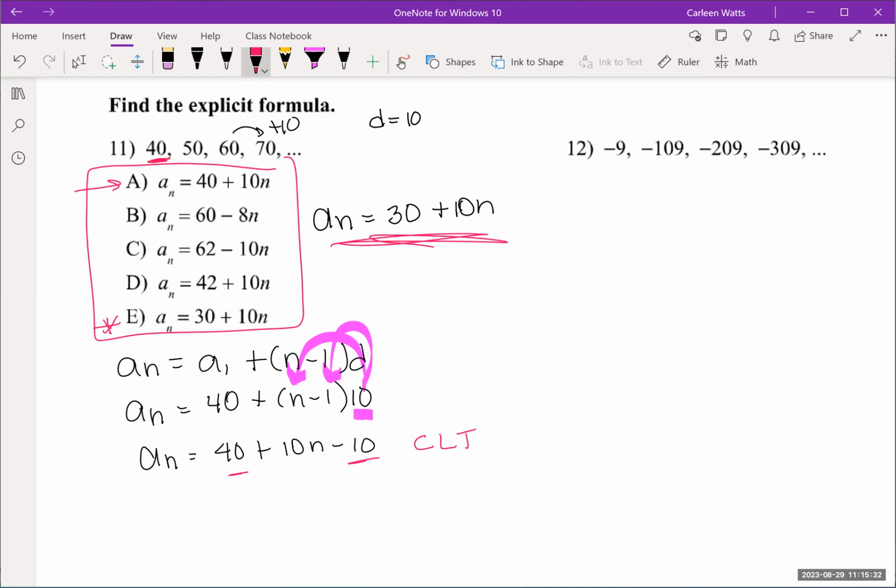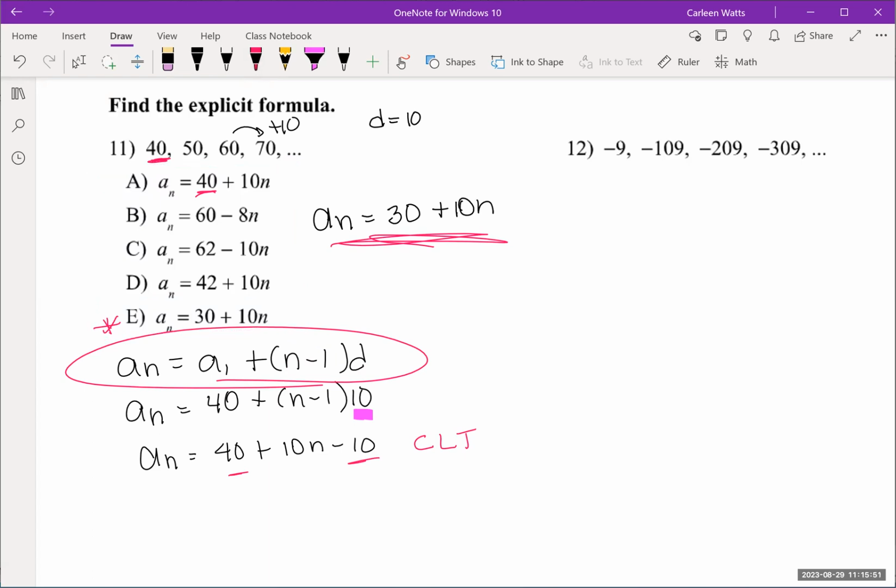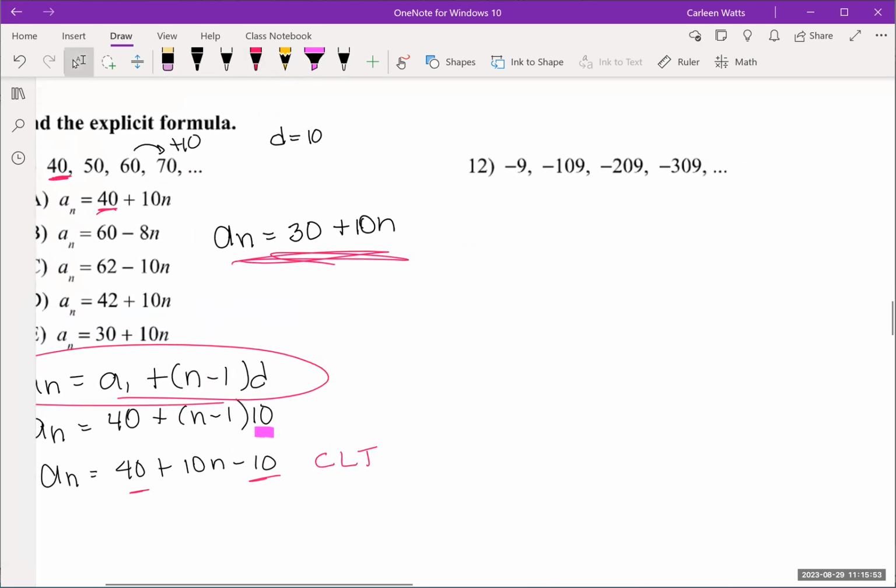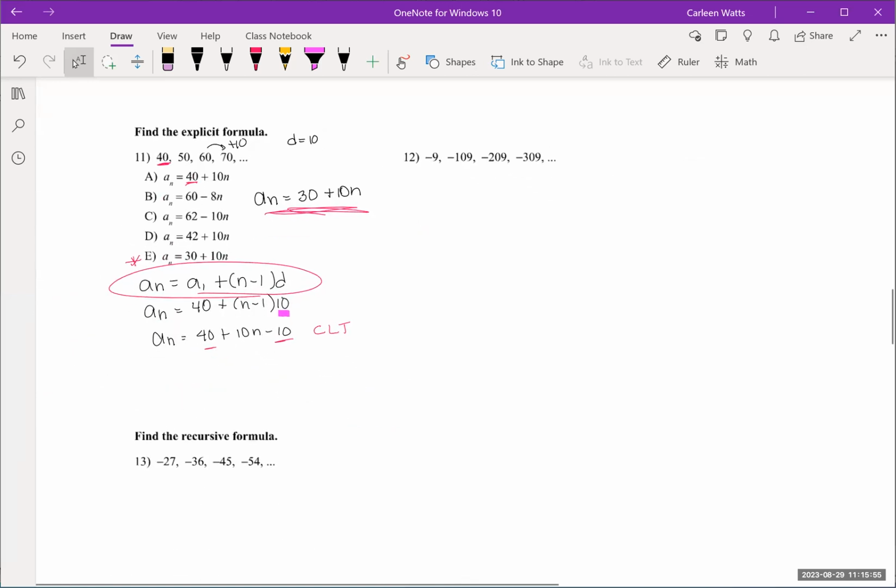Because they go, first term, first term. No, you're going to have to subtract. Use this formula and it's all going to work out. Yeah, they want to grab that first number. Okay, decoy. So, number 12, either on your own or stick around and we're going to do it at the end.